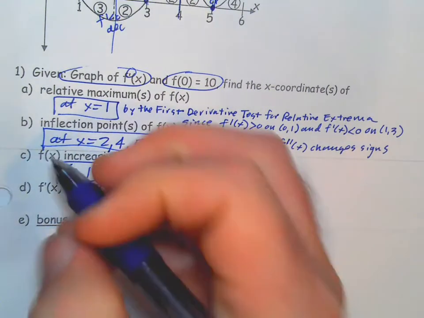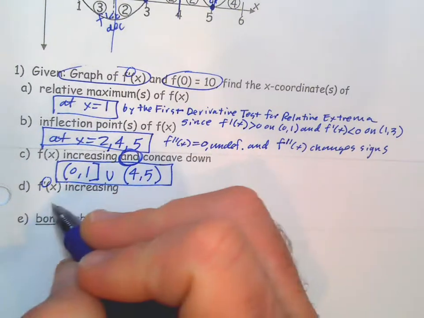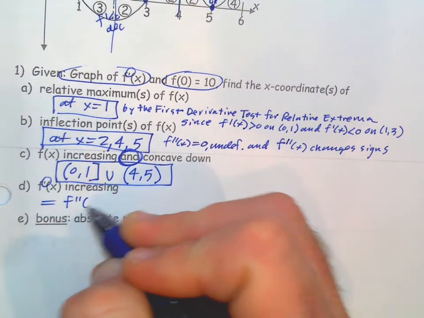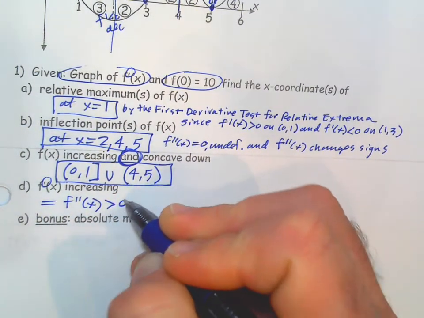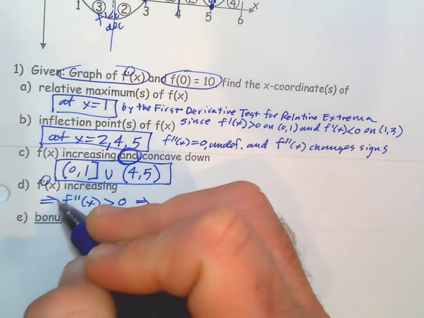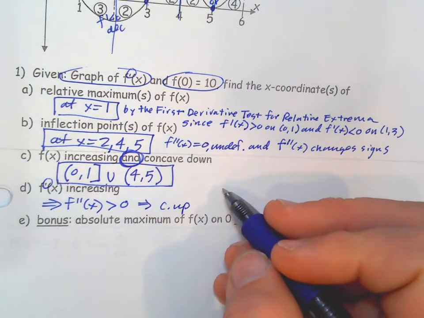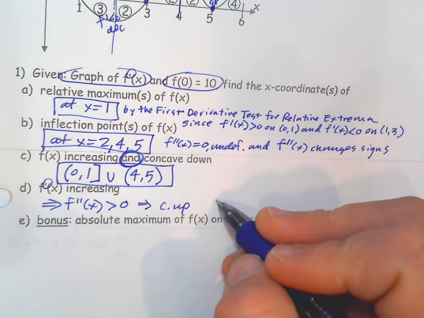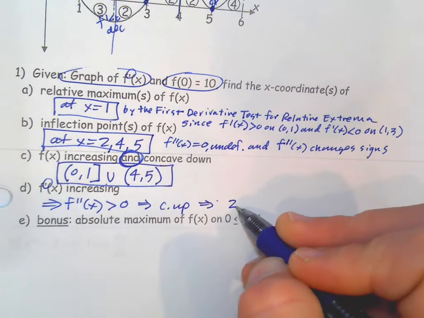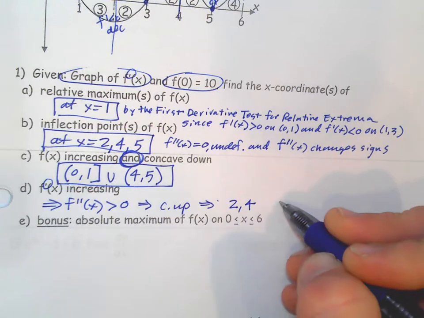Now, this one says f prime is increasing, which means the derivative of f prime, the second derivative, is positive, so we're looking for concave up portions of the graph. That would be 2 to 4, and 5 to 6.